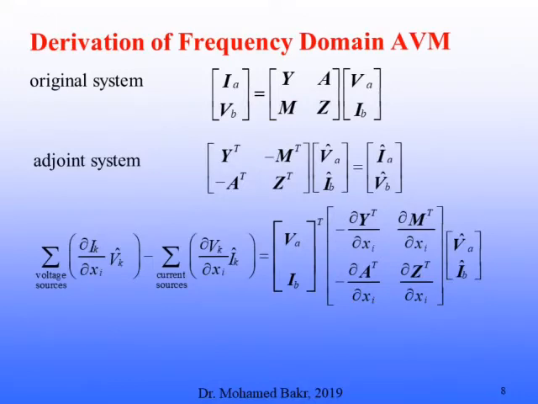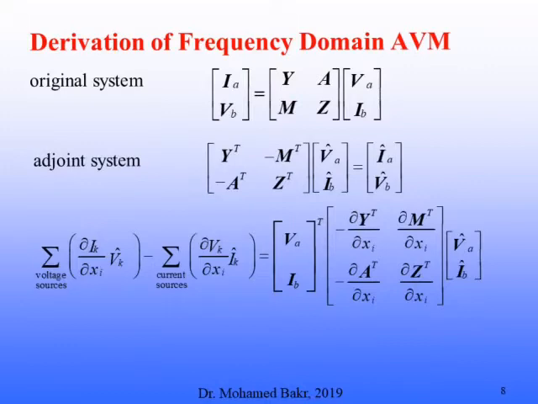What this expression is saying is that if you want to get the derivative of a certain current, the kth current in the original circuit, relative to any one of your circuit components, xi here could be a resistor value, could be an inductance value, could be a capacitance value, okay, then this desired sensitivity is multiplied by the voltage across the same branch in the adjoint circuit.